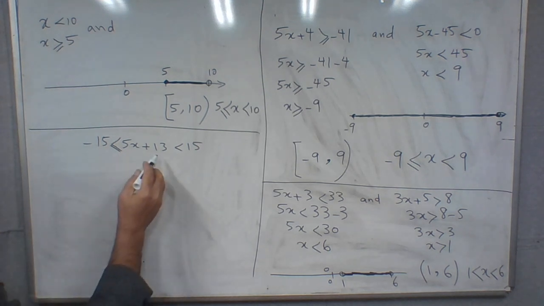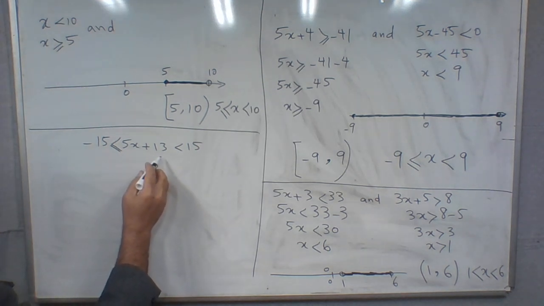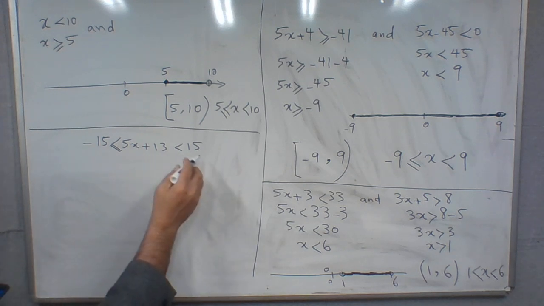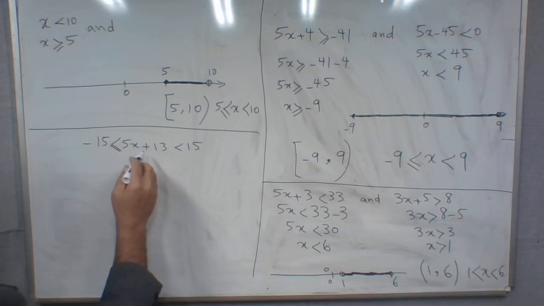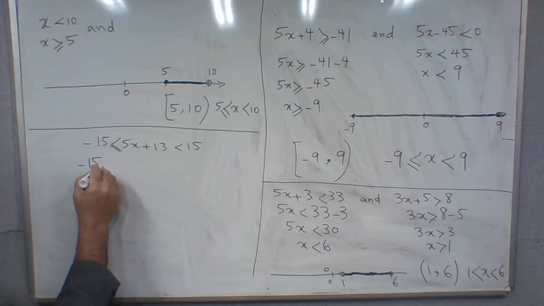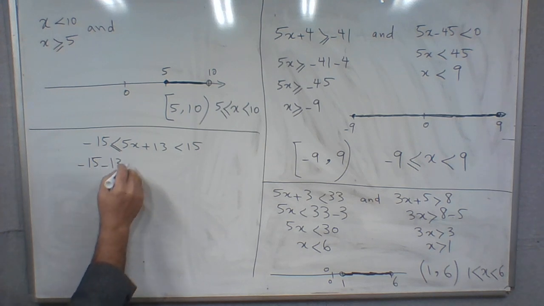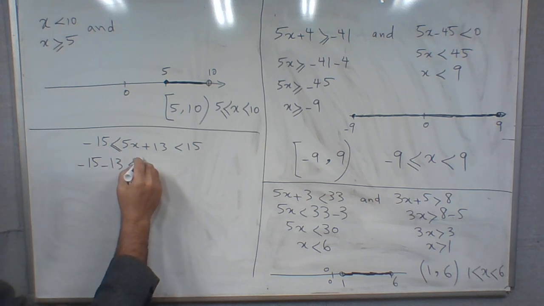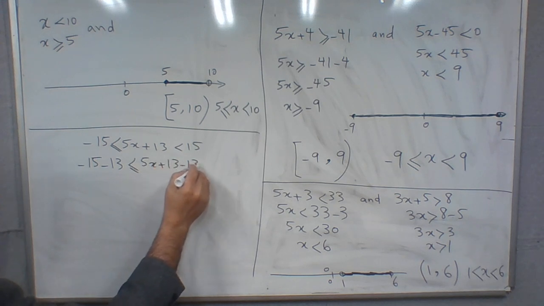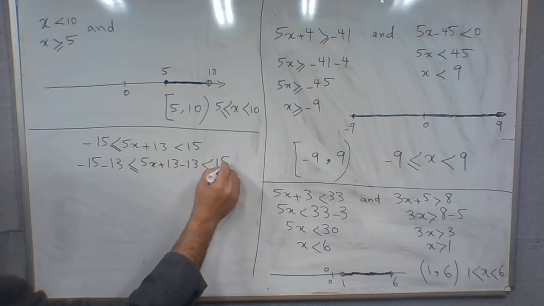Okay, so here we need to somehow get rid of 13. So we subtract 13 from all of these three parts. So minus 15 minus 13, 5x plus 13 minus 13, 15 minus 13.